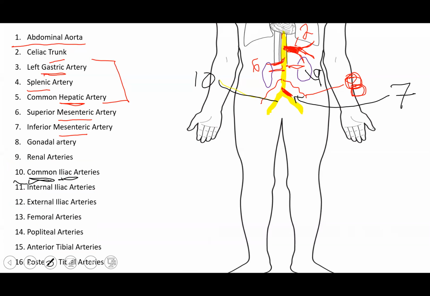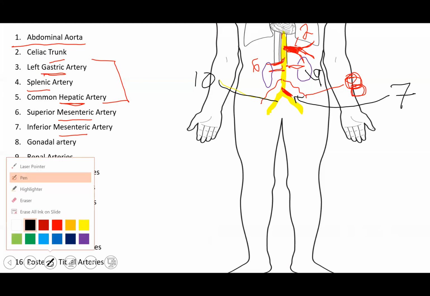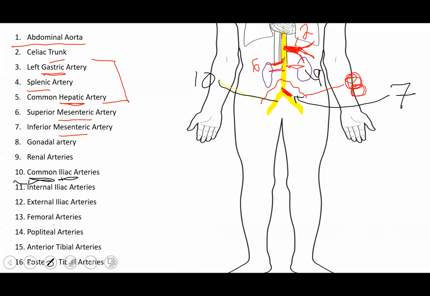Okay, and just as we would expect, the common iliac arteries split into internal, on both sides, and external. Okay, so the internal are actually going to stay inside the pelvis. Okay, and they're going to deliver oxygenated blood to things like the urinary bladder.